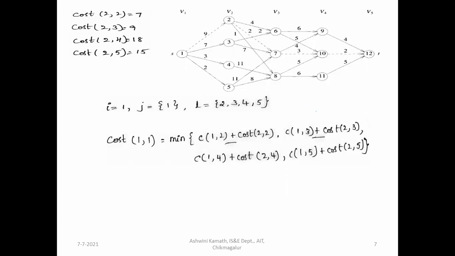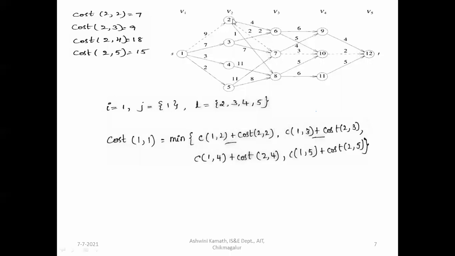Again apply the same formula. Cost of 1, 1 is equal to the minimum of, so vertex 1 is connected to 4 vertices. From all the 4 vertices we have to calculate which is the minimum. So minimum of C of 1, 2 plus cost of 2, 2.